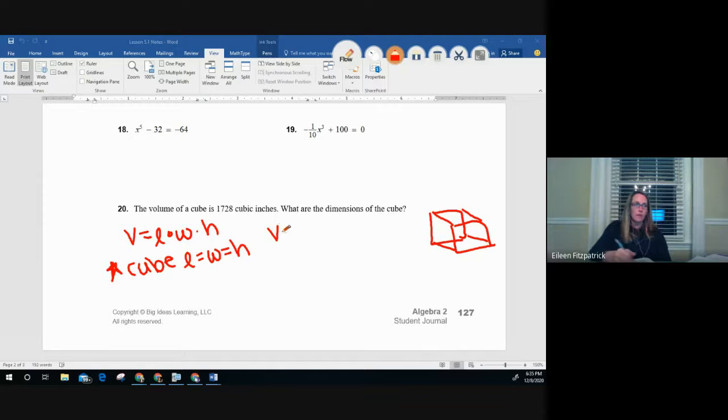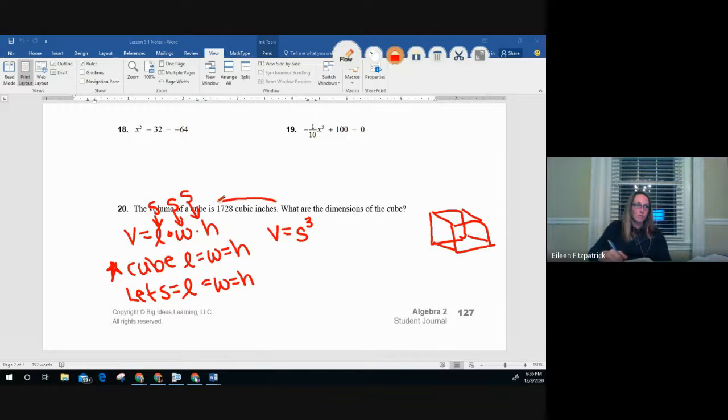So instead of length times width times height, you can write it as side cubed. Okay, if that doesn't make sense to you, you can say let S equal L, which is equal to W, which is equal to H, and you're replacing L with an S, W with an S, and H with an S. So S times S times S is where the S cubed comes from.